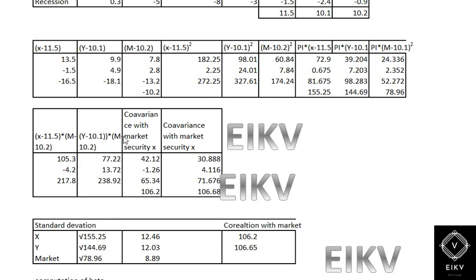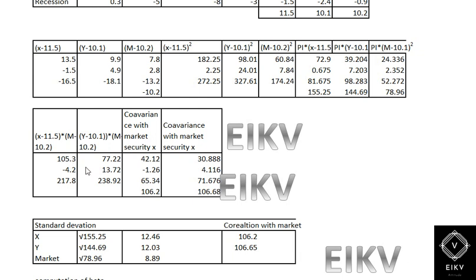Next we need to find the correlation with the market. For the computation, we need to multiply D1 and D2. D1 would be X minus X bar, multiplied by M minus M bar, that is X minus 11.5 into M minus 10.2.